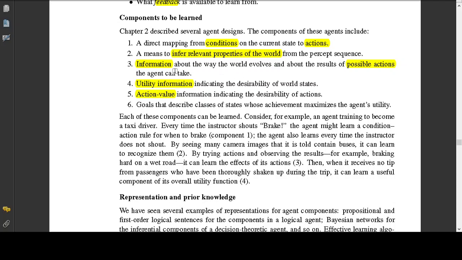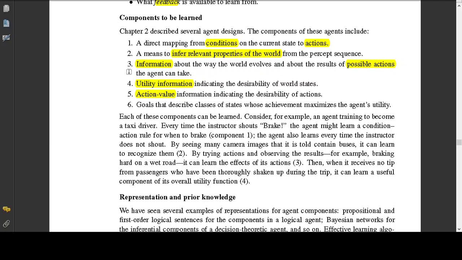Then information about the way the world evolves, and about the results of possible actions the agent can take. According to different experiences or different information, how to react to each situation.